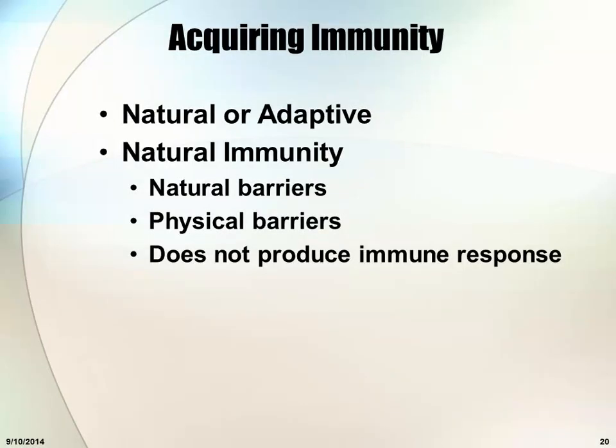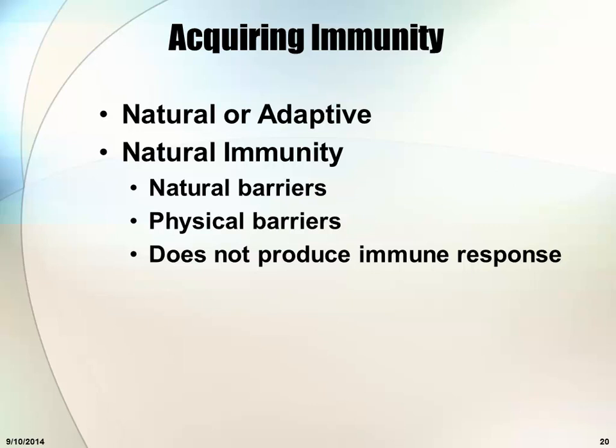Now, acquiring immunity, there are ways to acquire immunity. You can either have natural immunity, or you can have adaptive immunity. Let's talk about natural immunity. In some books they'll call it innate, but we'll use natural.